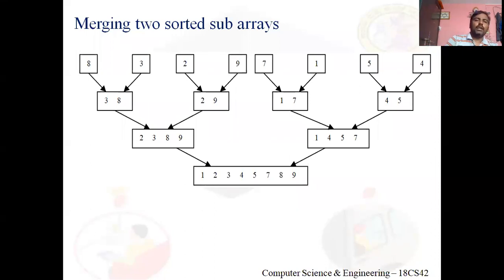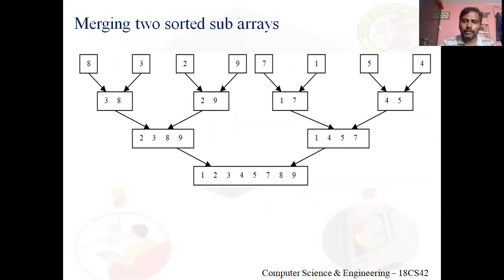Next, for the third level solution, I need to combine solutions of two subarrays in the previous level. So 3 8 is one array, 2 9 the other array. When I combine, I'll get 2 3 8 9. Similarly, one array with two elements, 1 and 7, and the other array with two elements, 4 and 5.